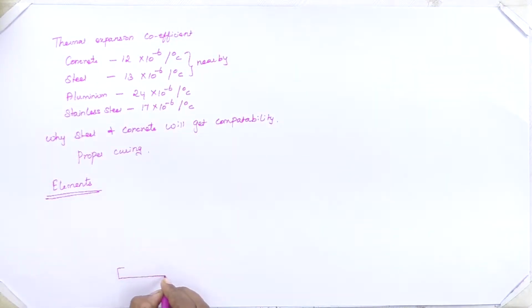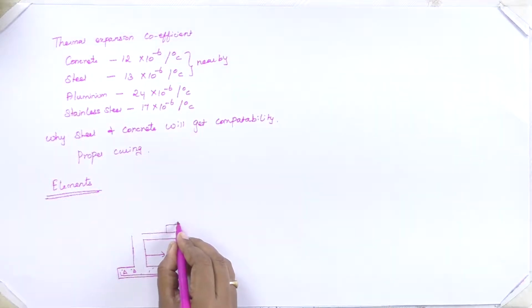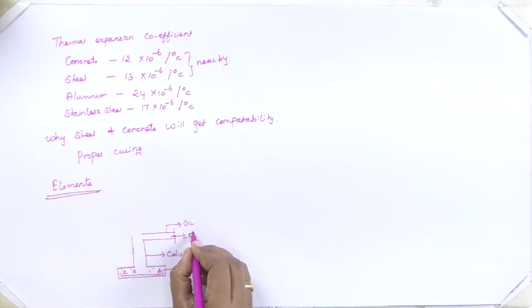Starting from the bottom, this is called the footing. From the footing, we project a structure which is vertical in nature. This is called the column. From the column, we will have some beam at the ground level. This is called the plinth beam.